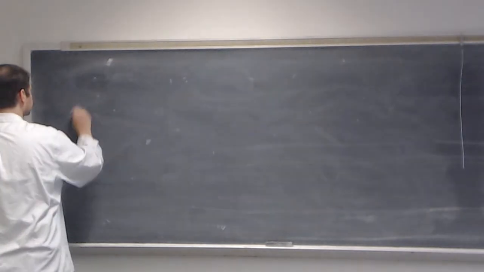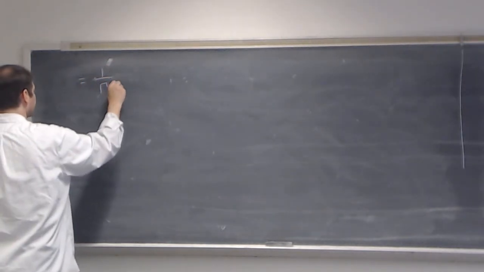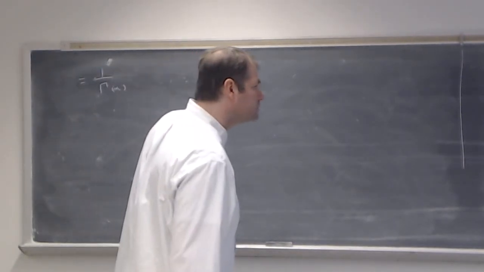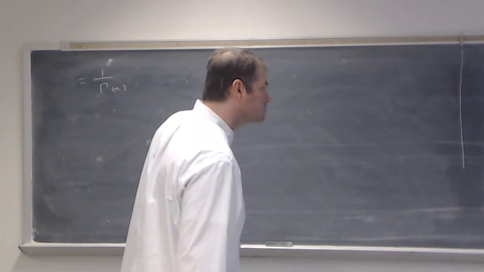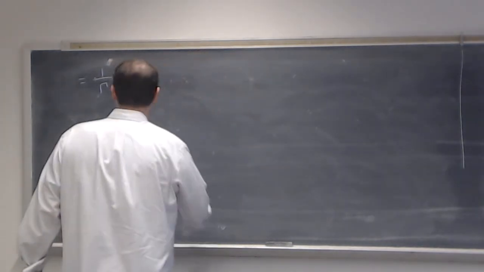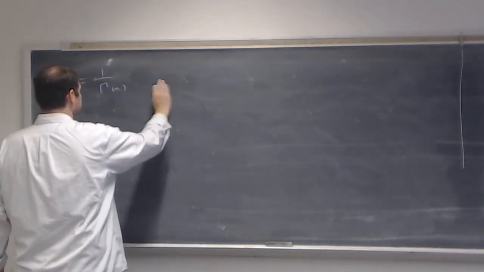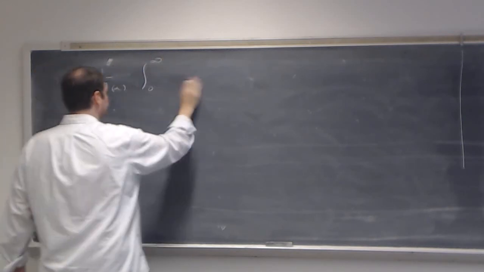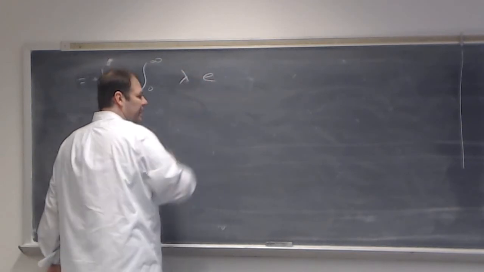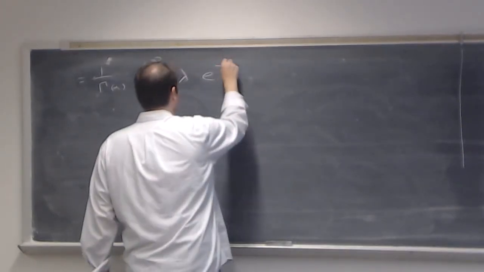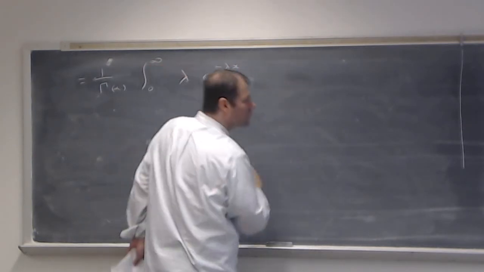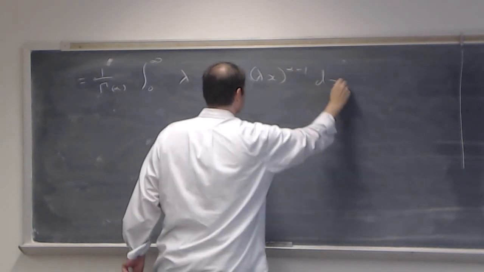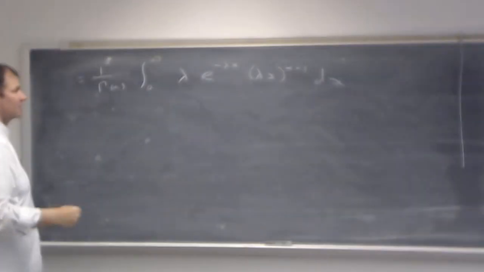So that's equal to 1 over gamma of alpha, and I'll pull out, well, it's the integral from 0 to infinity of lambda e to the minus lambda x, and then it's lambda x to the alpha minus 1 here. And that looks a lot like the gamma function, okay?